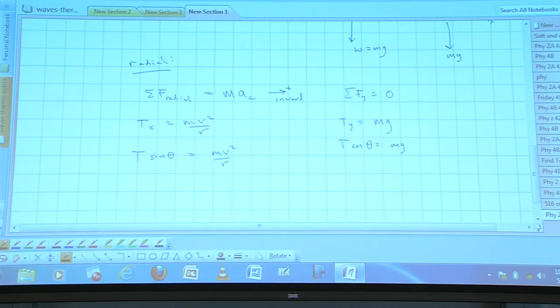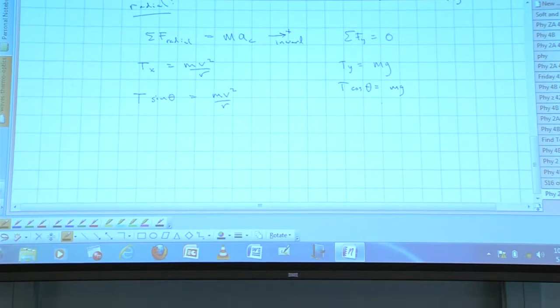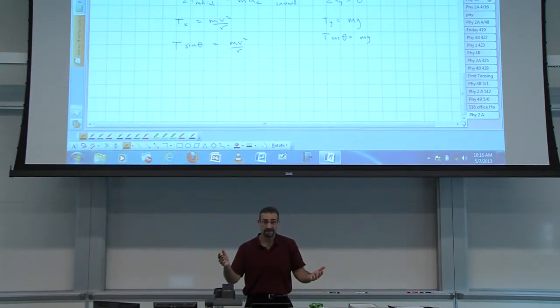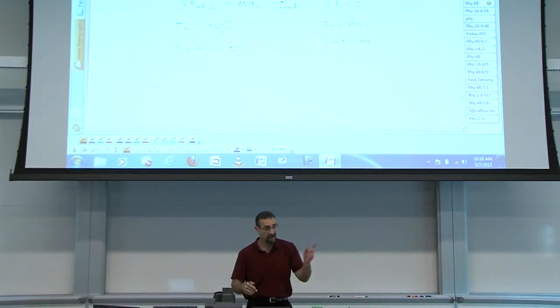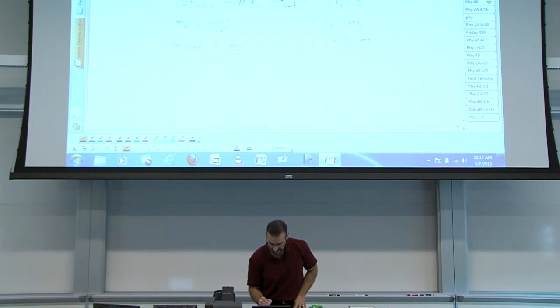At this point, we have two equations, and so there are probably two unknowns that we can solve for. If we're trying to solve for the angle given a certain speed, or the speed given a certain angle, we don't really care what the tension is. So one trick is to divide one equation by the other.